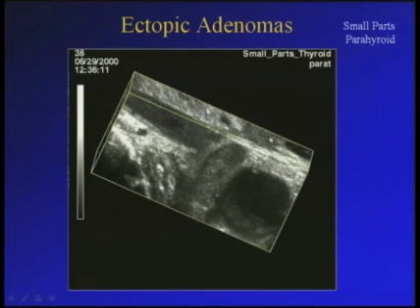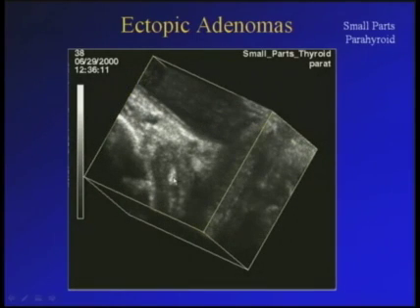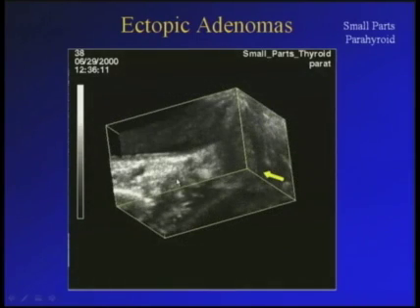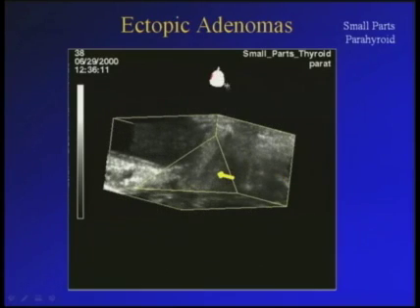Here, this is the second one, beside the main vessels of the neck, the subclavian, and here the carotid artery. We can rotate the image, and in this case, we can use this image of the transducer in order to get oriented. And we can perform the cuts and these different slices in order to determine the extension of the lesions. Those are ectopic adenomas.